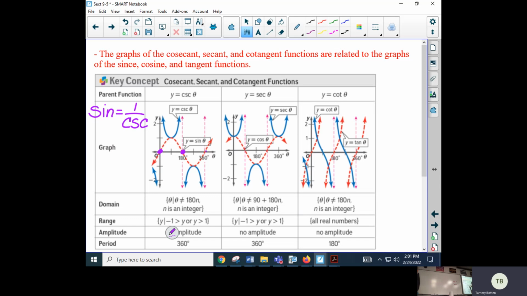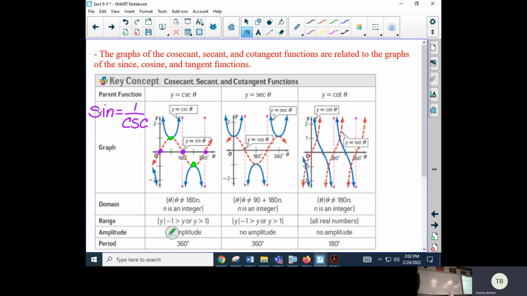And at the high point and the low point of my sine function, that's where you do your cosecant function. So this red in dashed lines, that's sine. The actual graph for cosecant is what is in blue here. But you need to do that sine function to know where to start and stop your cosecant, okay?